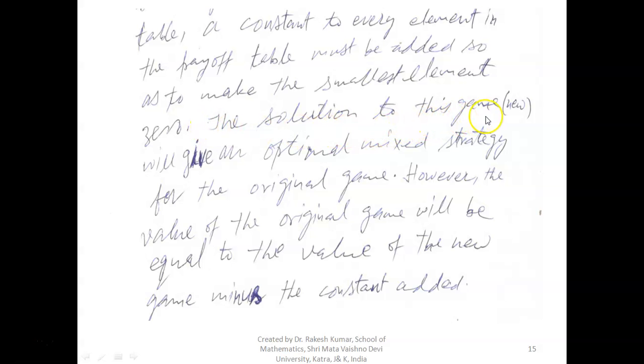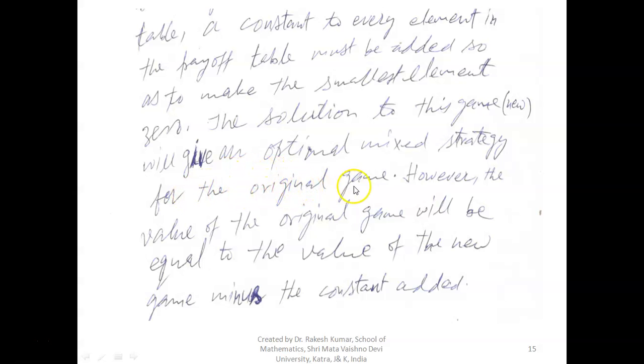The solution to this new game, whenever you add this constant, will give an optimal mix strategy. So solve that, and the values of Yj's can be obtained, and from those we can find out the values of Qj's. So an optimal mix strategy for player B can be obtained, or for player A we can also obtain.